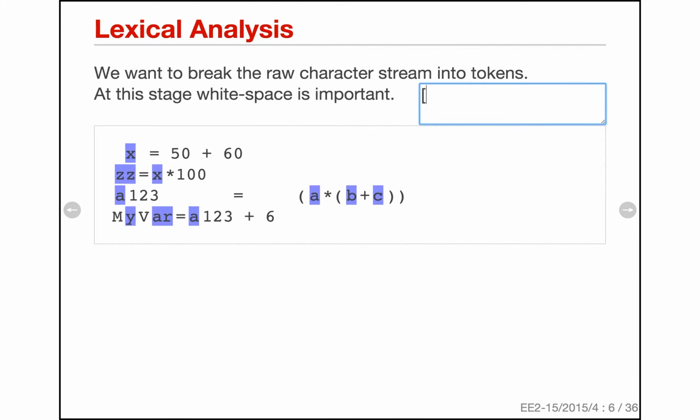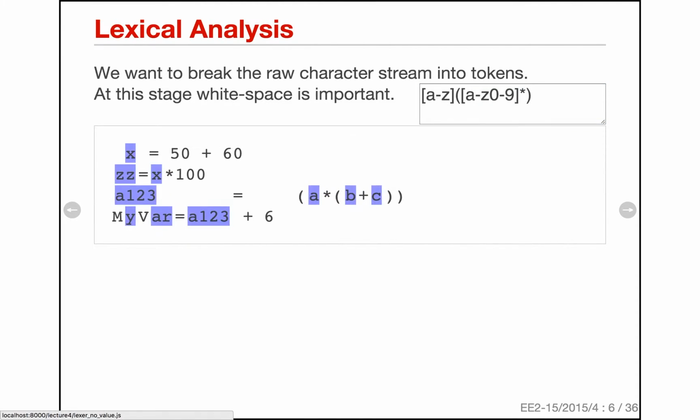So what I want is there must be a character, and then there will appear zero or more of these things. The actual nesting here, remember, looks something like this.